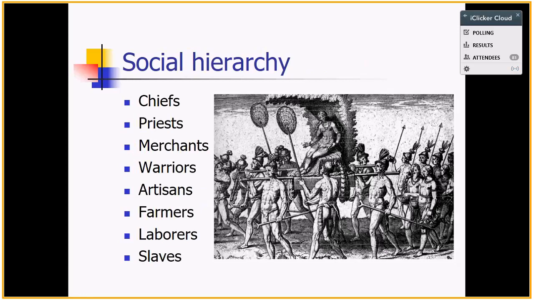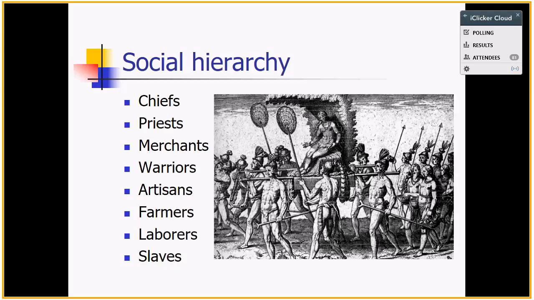You've got your political elite, the chiefs, the leaders, that make the rules that the rest of us go by. And then you've got the priests who can explain the natural world, explain our religious beliefs to us. They have high status, as do the merchants and the warriors who specialize in their particular trades. And then the artisans and the farmers.